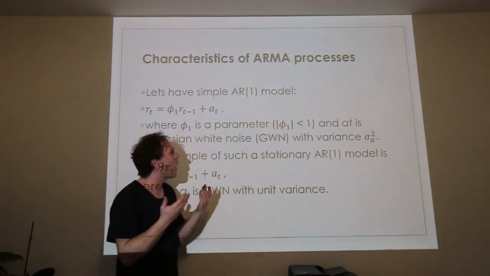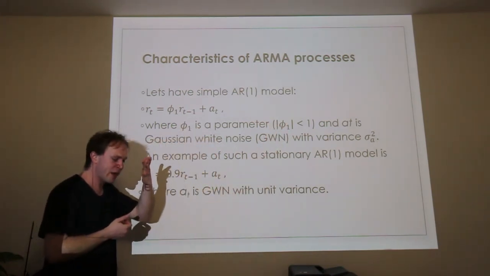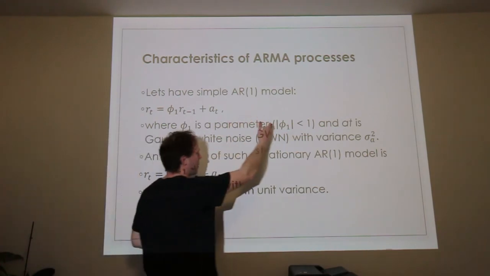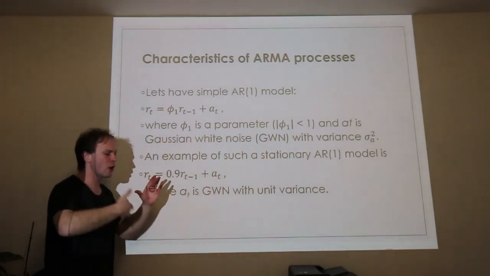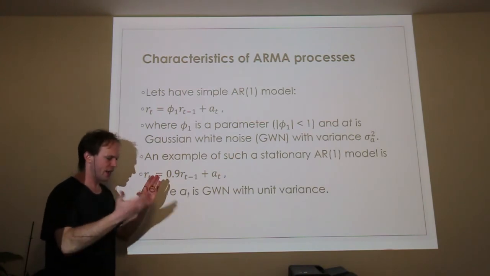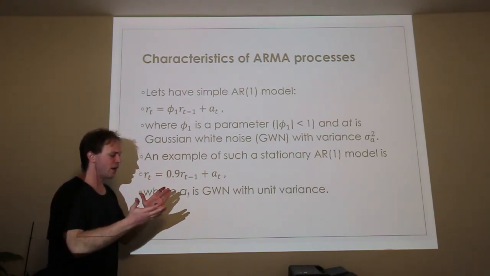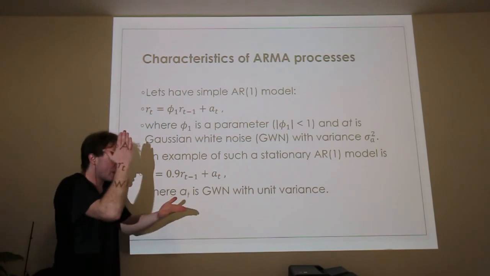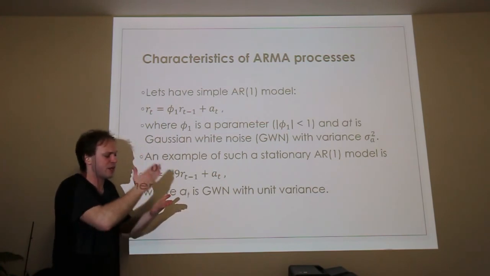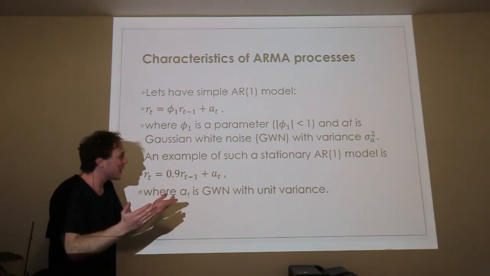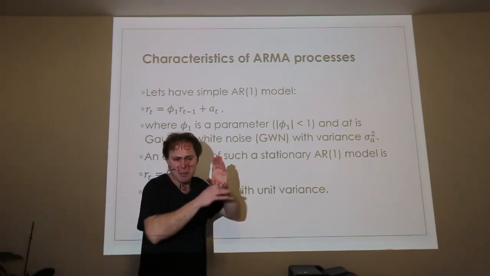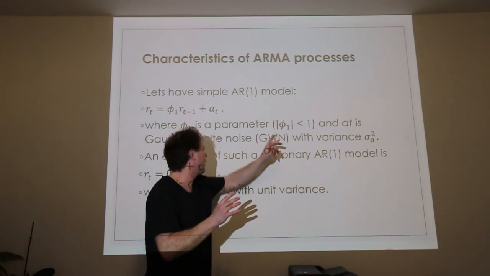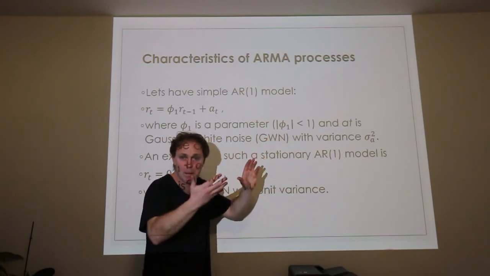We know that phi is smaller than 1 in absolute value, because we can imagine this parameter phi as a measure of dependence between neighboring values, the value in time t and the value in time t minus 1. It's not a correlation coefficient, it's something different, but it is a measure of dependence.